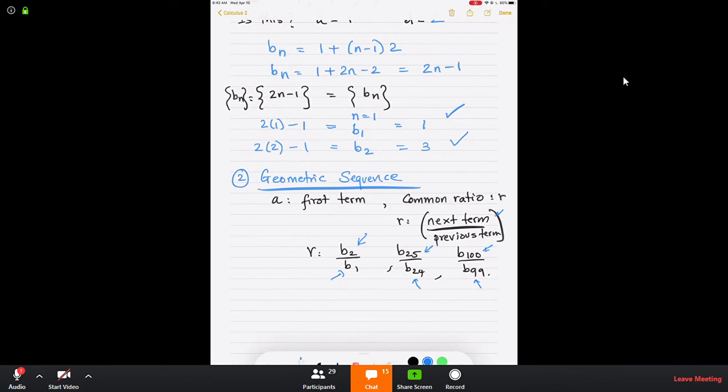So it's the next term over the previous term, which is R. It should be common, meaning when I take this ratio, all of them should give me the same number. That's called the common ratio. If you have such a sequence, it's called a geometric sequence.